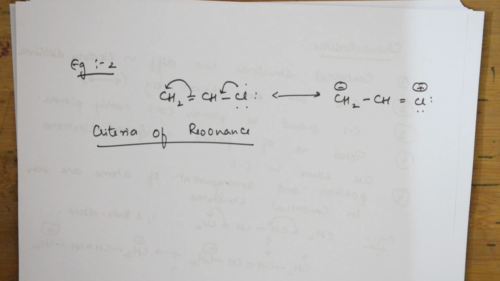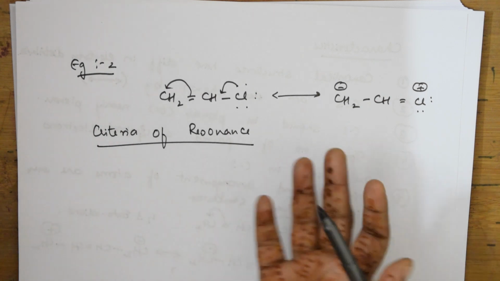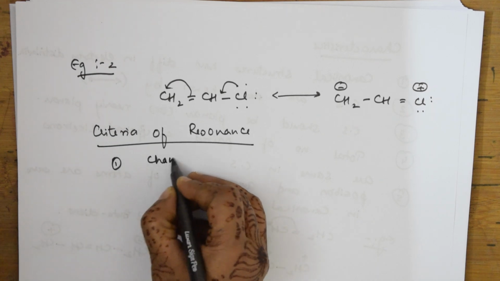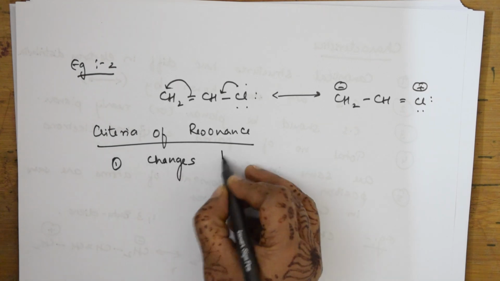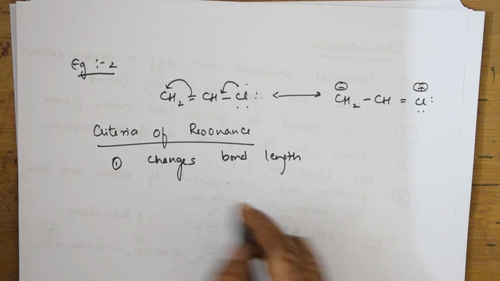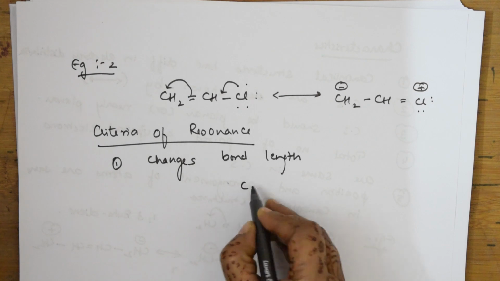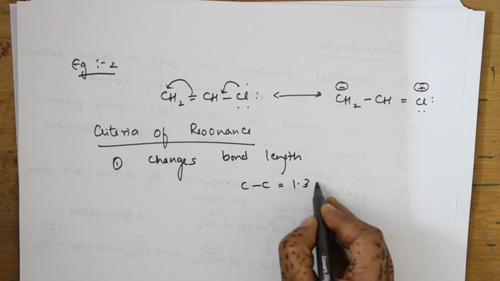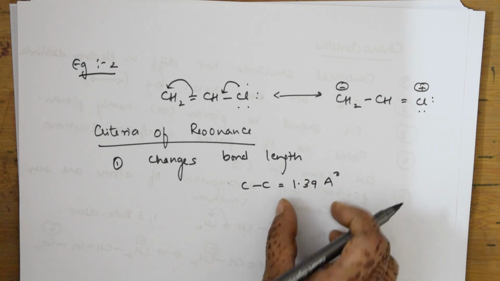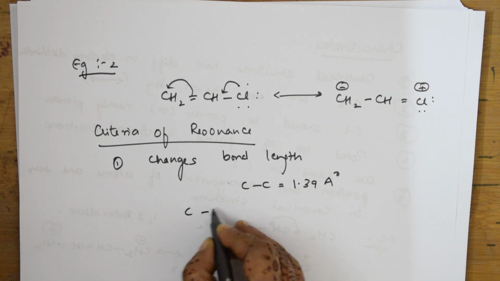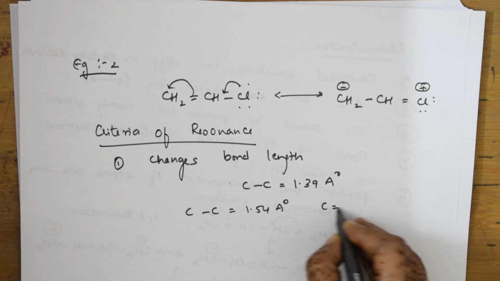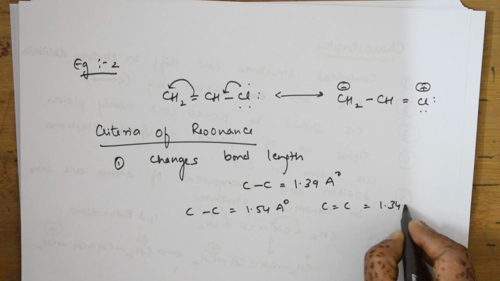So when I take the benzene molecule, first let us write: it changes bond length. Suppose I take benzene, the C to C bond length is 1.39 angstroms, and it is intermediate between C single bond C, which is 1.54, and C double bond C, which is 1.34 angstroms.